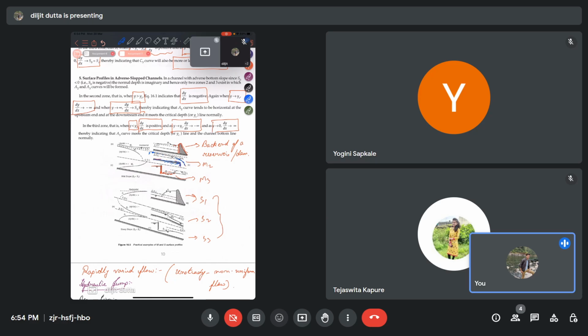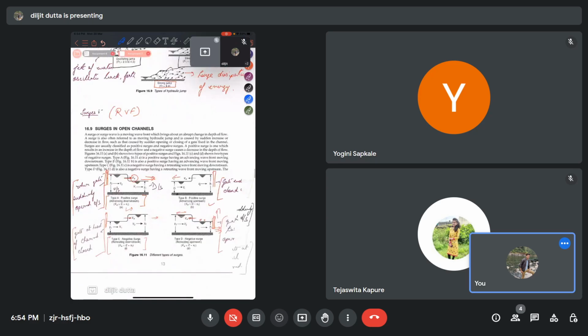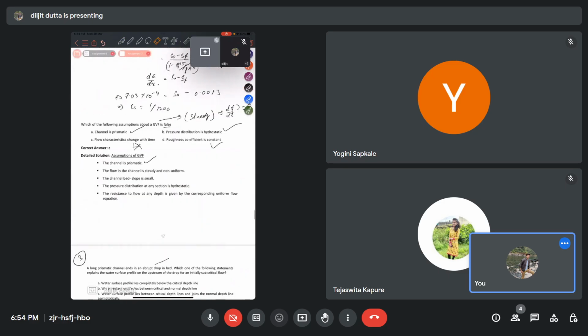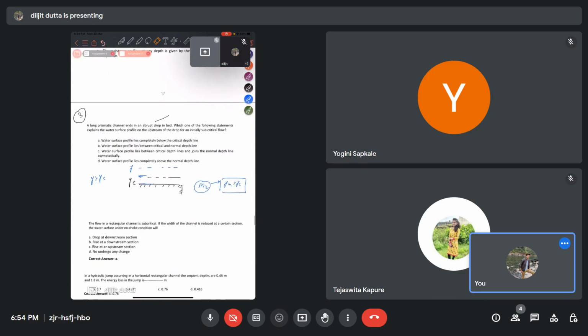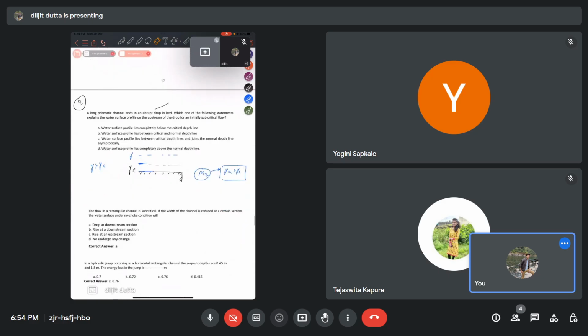If this is yn, initially it is asymptotic to yn, and after some time it will fall like this. So this is the M2 profile. The correct answer is that the water surface profile lies between the critical depth and joins the normal depth line asymptotically in the upstream direction.